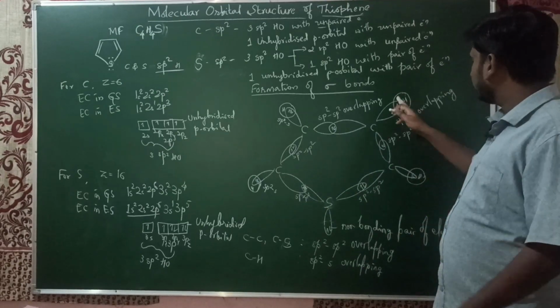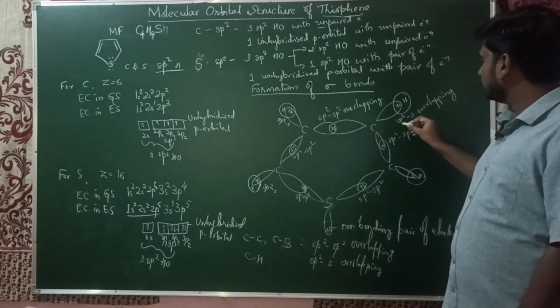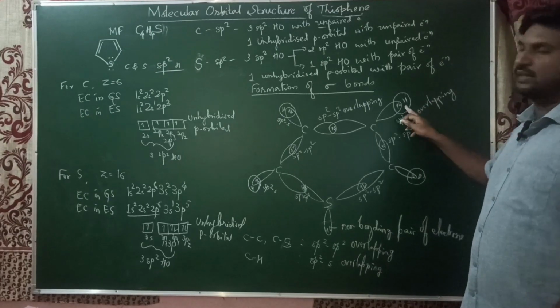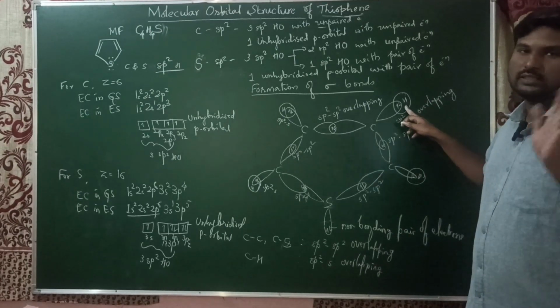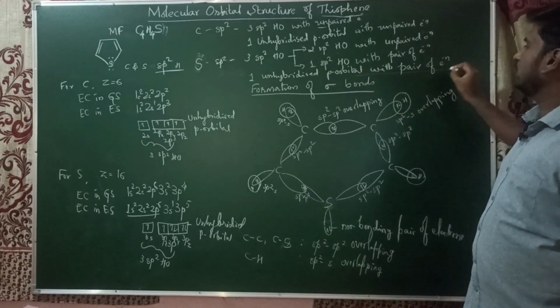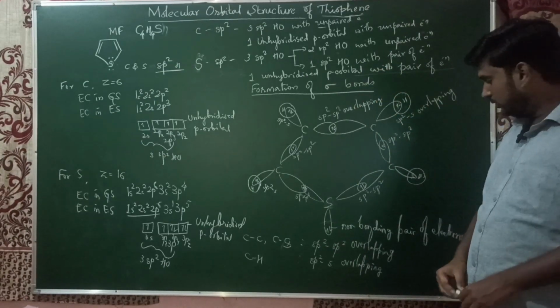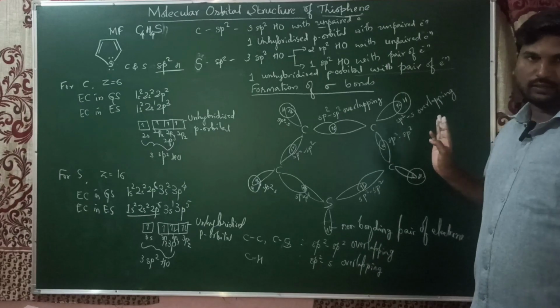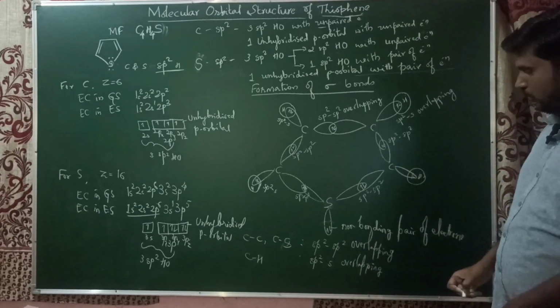Each carbon forms a sigma bond with hydrogen by sp2-s overlapping. The unhybridized p orbital with a lone pair of electrons is a non-bonding pair that does not involve in bond formation.